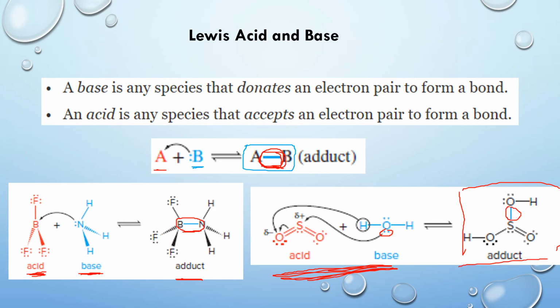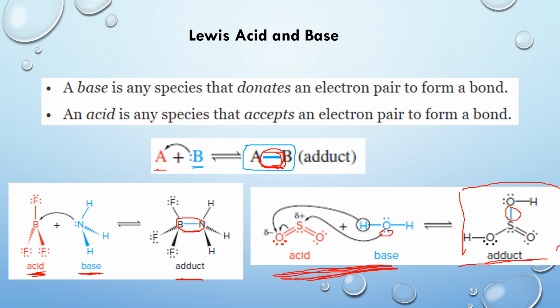So this is called an adduct, and because this sulfur dioxide accepts that lone pair of electrons from oxygen in water, it is the Lewis acid, and the water in this case will be the Lewis base. And you can see for this type of acid and base, it doesn't have to follow the concept that the acid must contain hydrogen.